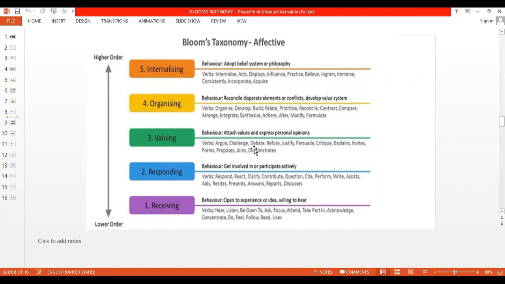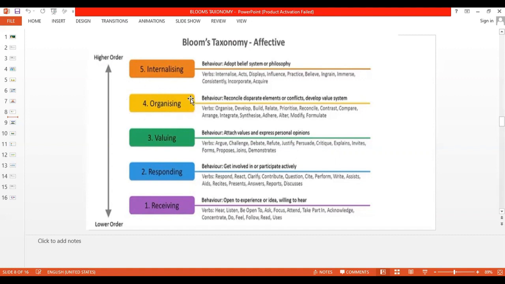So they strongly associate with the topic and demonstrate commitment to the topic which is taught. And this is like proposing a plan to bring about improvement on any social level. The attributes for valuing are arguing, challenge, debate, refute, justify, critique, explain, invites, etc.